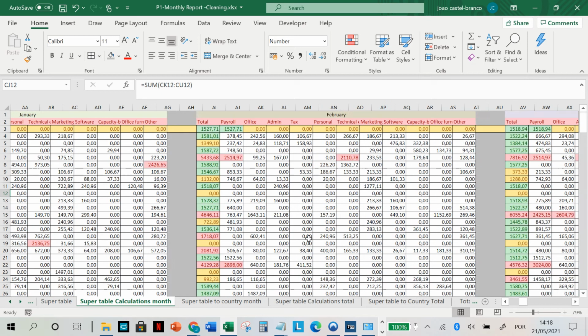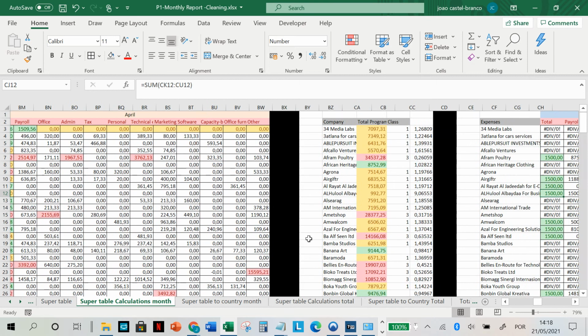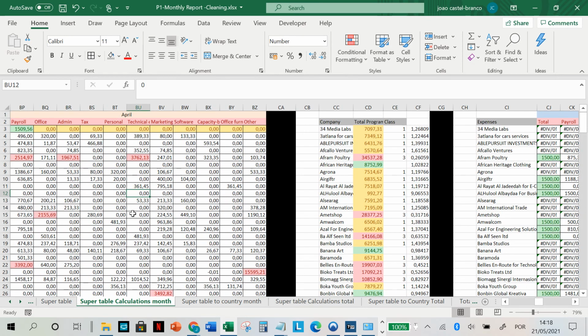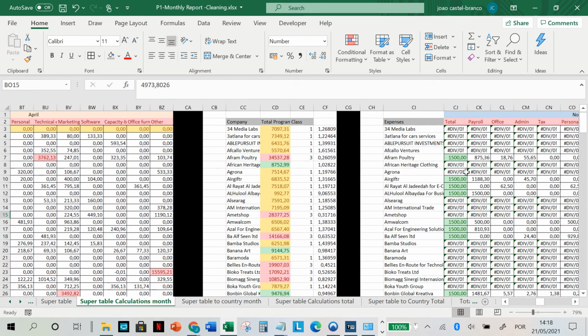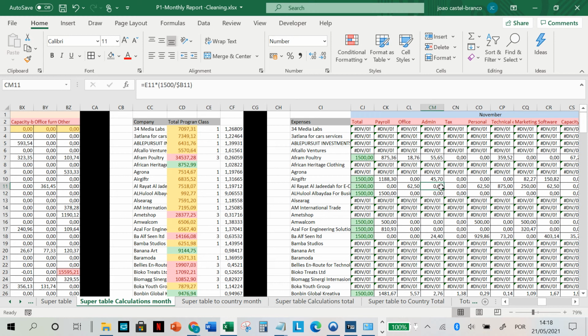The month method, what I did: this is the left part, the raw, where we have the raw values, and at the right part we have the numbers with the adjustment, with the calculations. In the month method, we set the base at 1,500 per month.